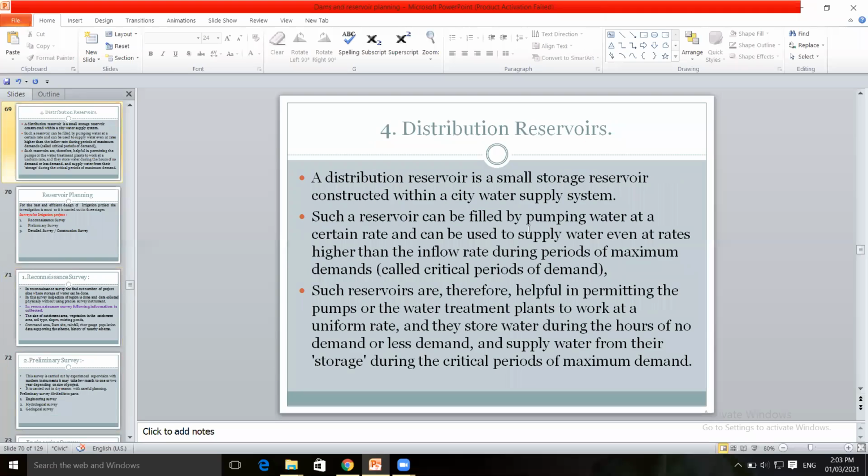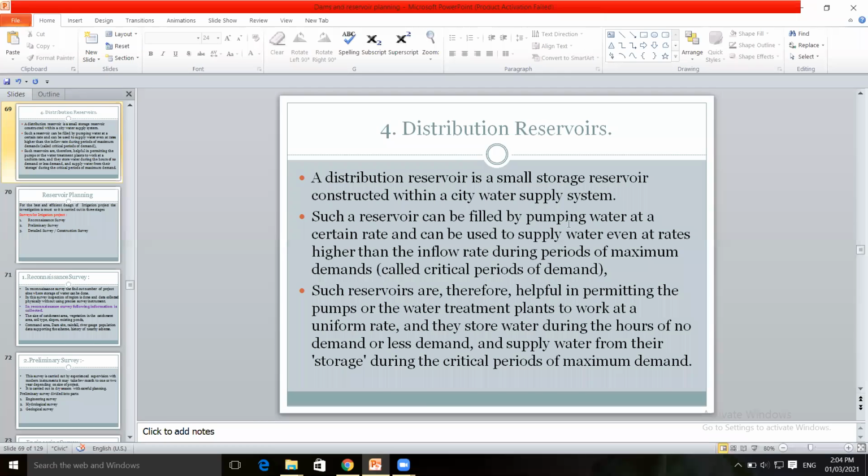Then distribution reservoir. What type is distribution reservoir? Distribution reservoir is a small storage reservoir constructed within the city water supply system. The size of this distribution reservoir is less than storage reservoir. It is constructed within the city water supply system for the purpose of distribution of the water.